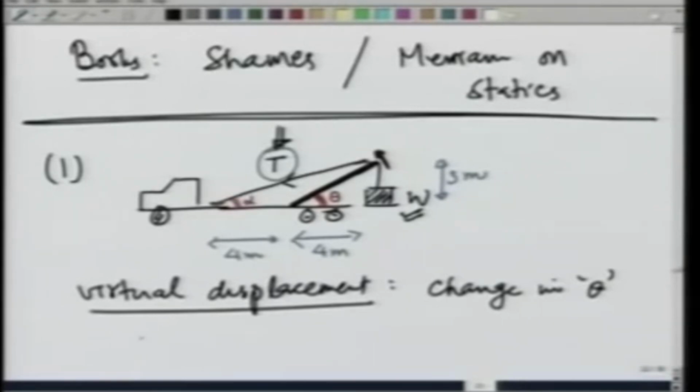So, let us see, at the given position where the distances are given to be 3 meters, 4 meters and 4 meters, virtual displacement is going to correspond to delta theta, and that will make this point move up both in x direction and y direction.